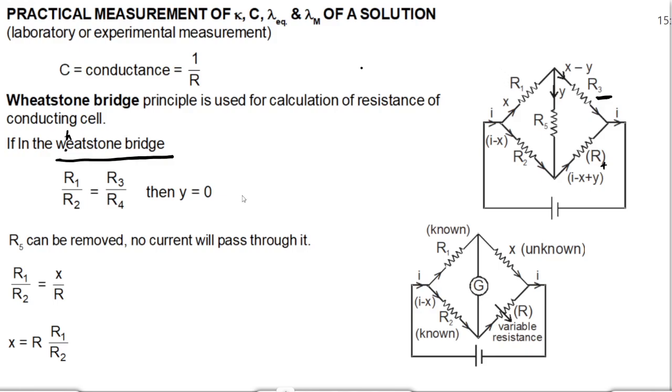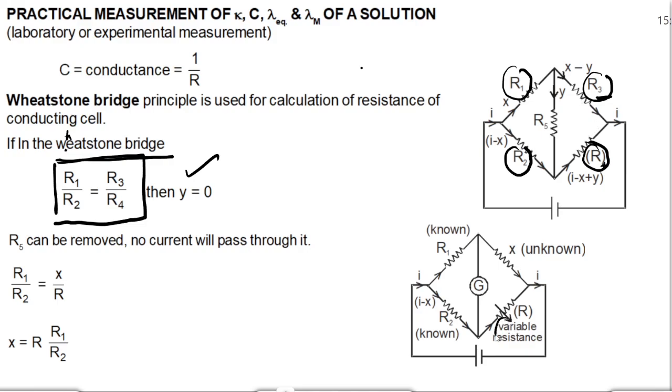So at null point, R1 by R2 is equal to R3 by R4. In this way we can calculate resistance of the unknown cell, because in one place we put the cell, and in the other place we put variable resistance. So unknown resistance we can calculate by using Wheatstone bridge.